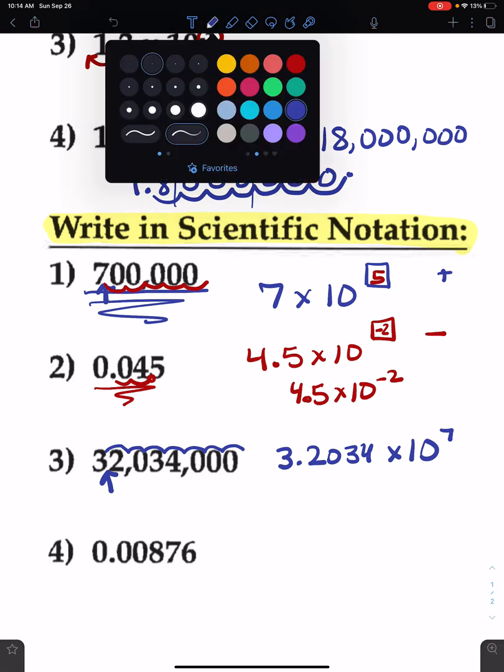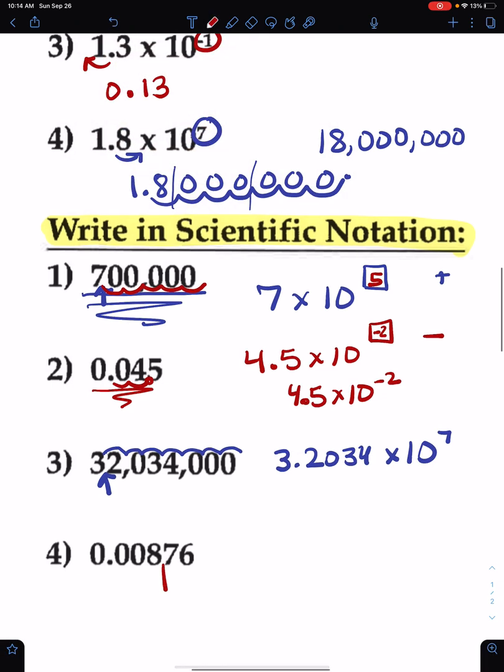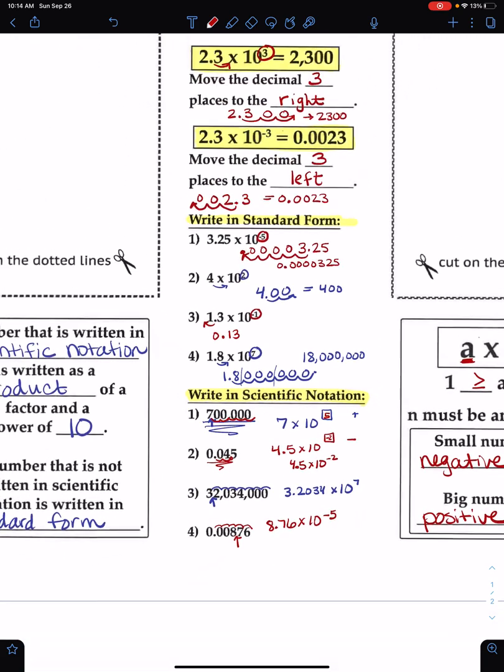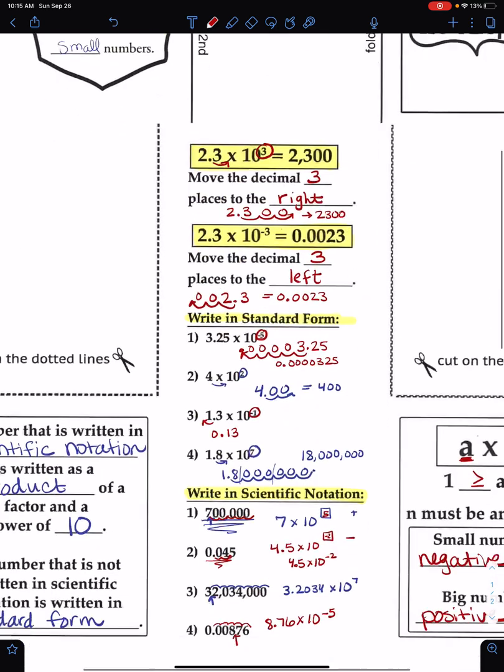And one last example here. I'd have to put the decimal right here to make that a number between 1 and 10. It's a small number, so my exponent's going to be negative, and I'd have to move it 1, 2, 3, 4, 5 places. So that's how you go from standard form to scientific notation.